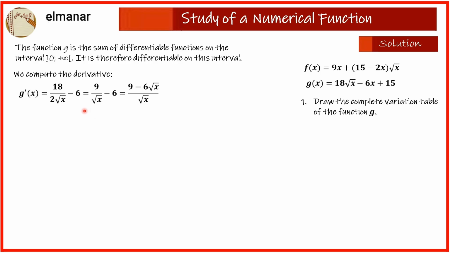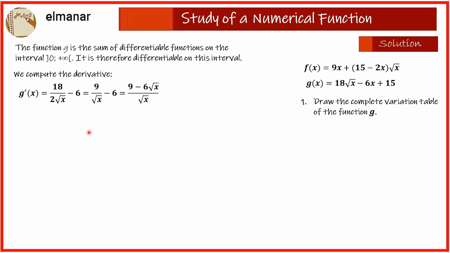This expression simplifies to 9 divided by the square root of x, minus 6. Placing everything over a common denominator yields 9 minus 6 times the square root of x, all divided by the square root of x.